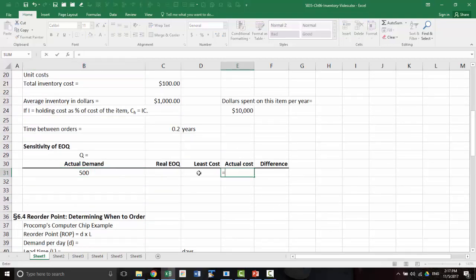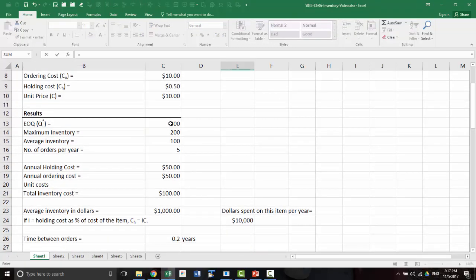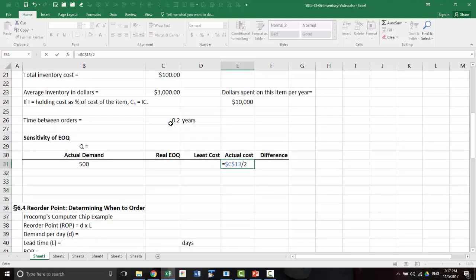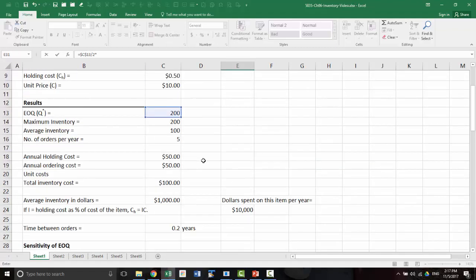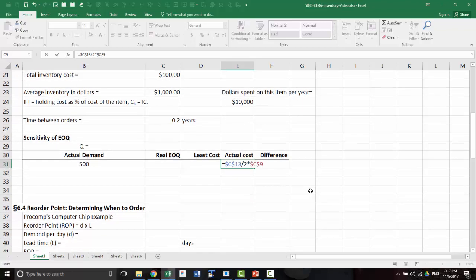So now our inventory carrying cost is going to be, I'm going to absolute reference that, Q over 2 times C sub H, and I will absolute reference that as well. So that is our holding cost plus our ordering cost.